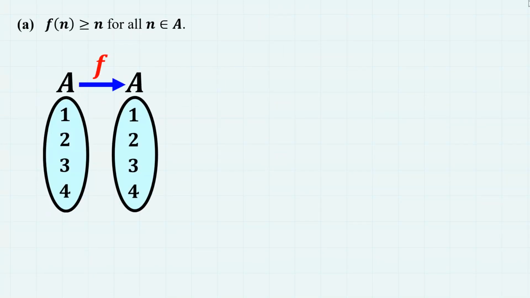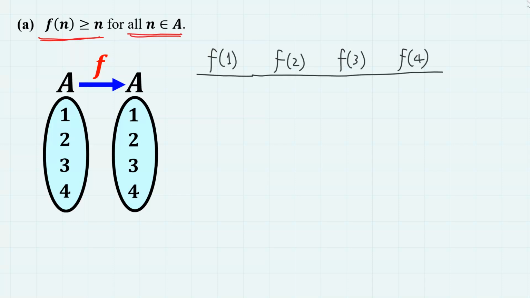The condition to the first problem is that f(n) must be greater than or equal to n for all four elements of A. And this is quite easy if we think about possible values for each output, f(1), f(2), f(3), and f(4). First, f(1) can be either 1, 2, 3, or 4, so we have 4 possible candidates for f(1).